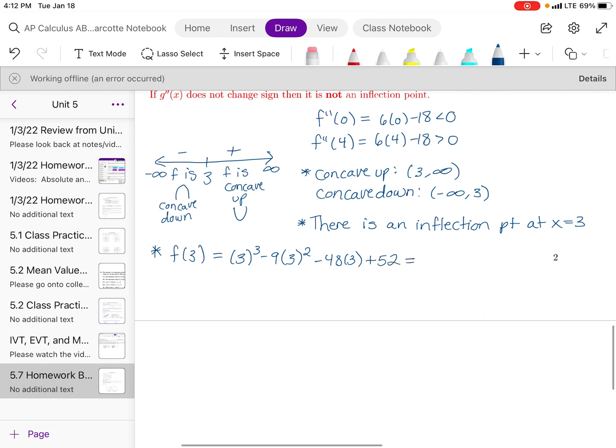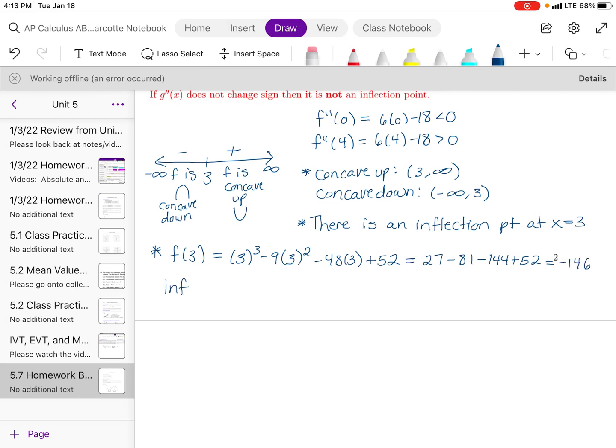Okay, so this is going to be 27 minus 81, and then minus 48 times 3, so minus 144 plus 52, and so this is going to give me negative 146.